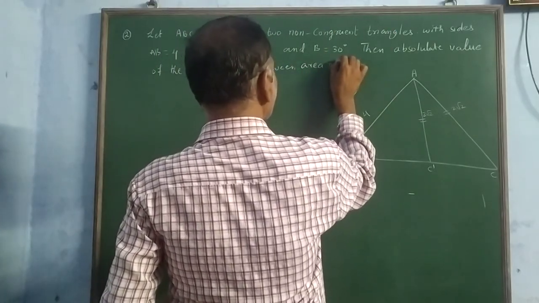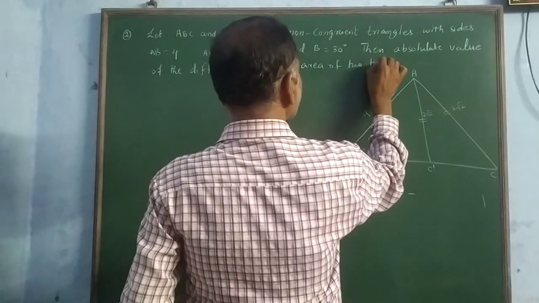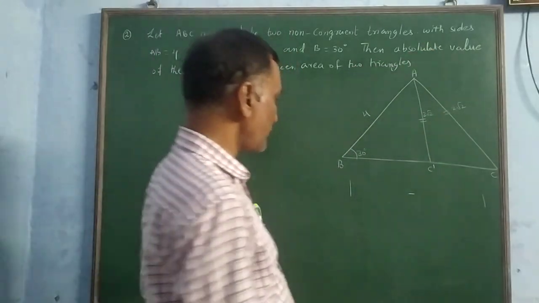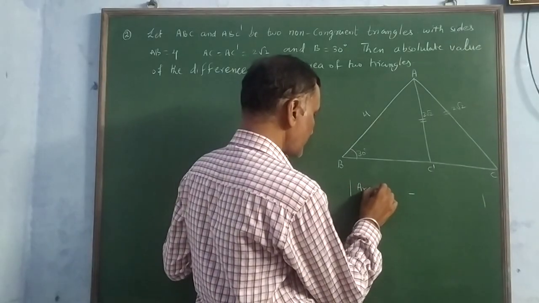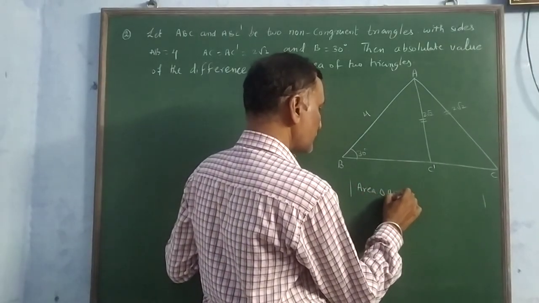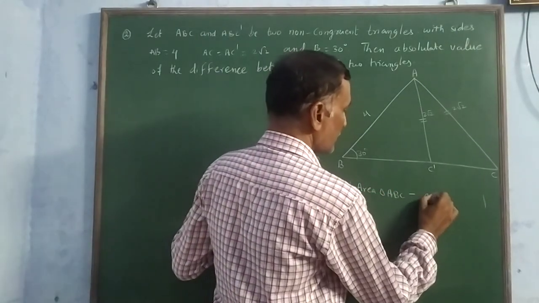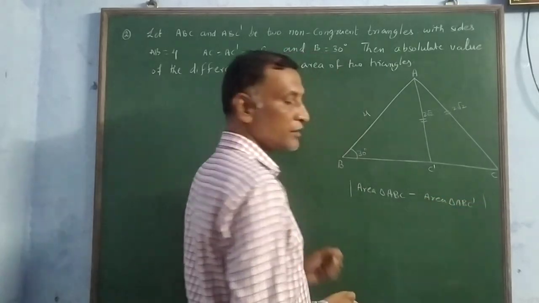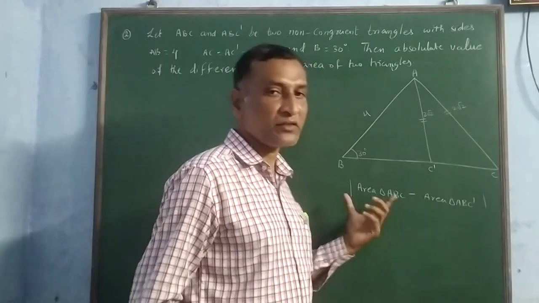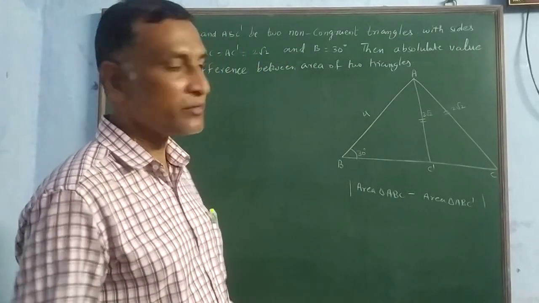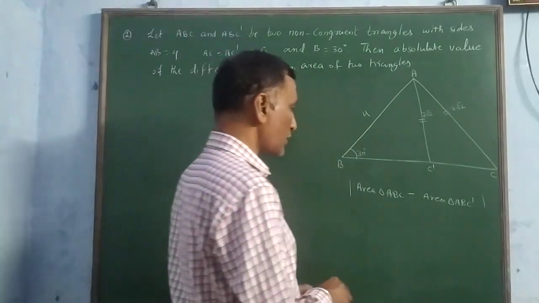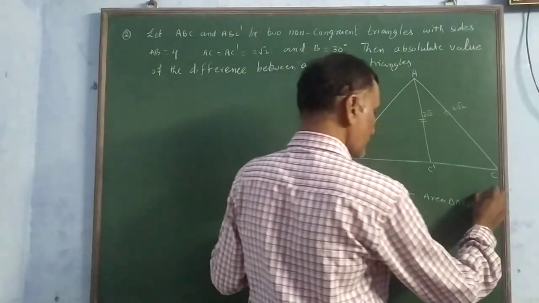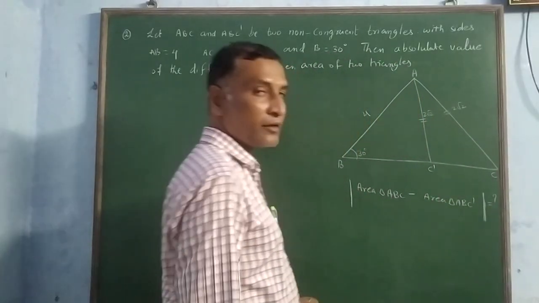Area means here area of triangle ABC minus area of triangle ABC dash. The absolute value of the difference of these two triangles' areas you have to find. This is your question. Very clear now?